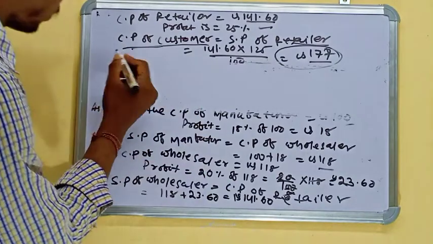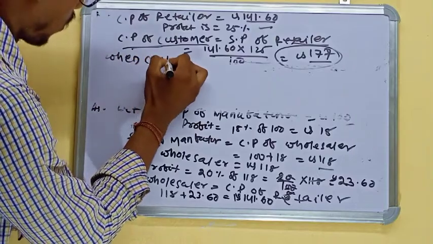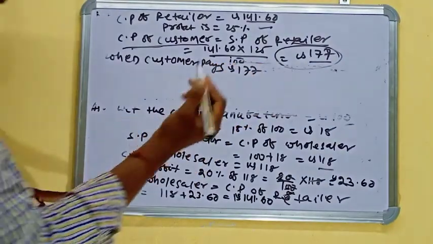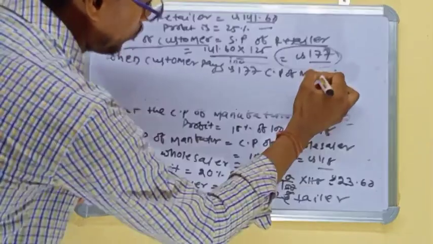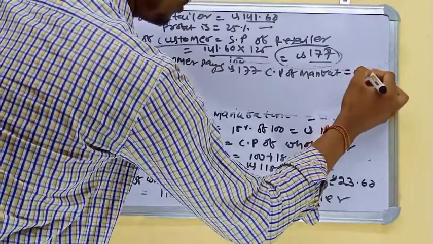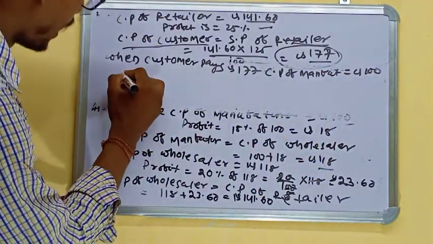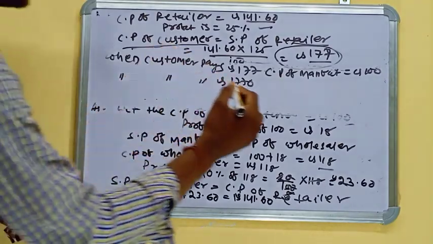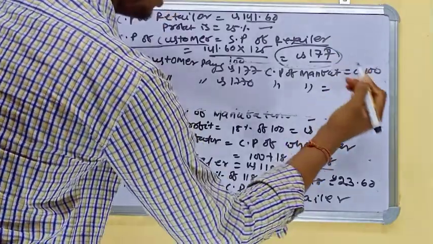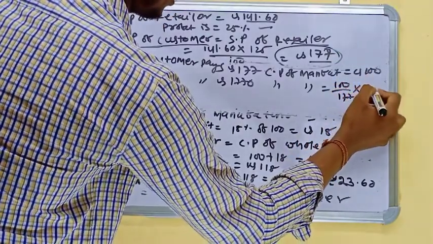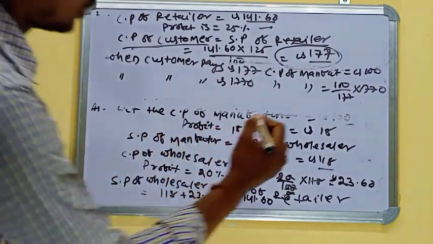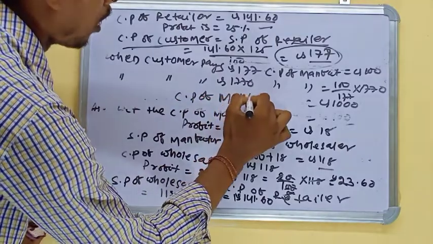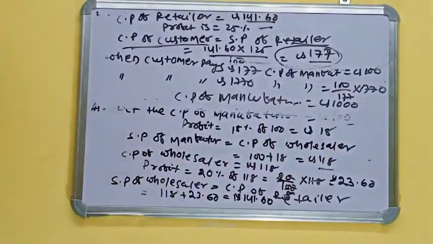When the customer pays rupees 177, the CP of the manufacturer is rupees 100. So when the customer pays rupees 1770, the CP of the manufacturer is equal to rupees 1000.